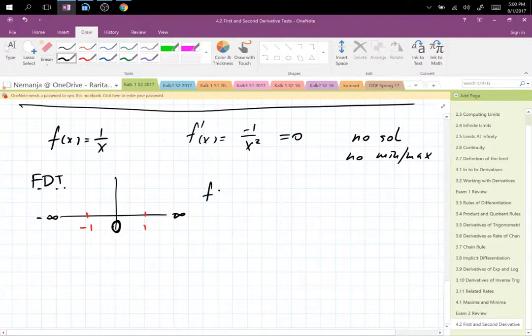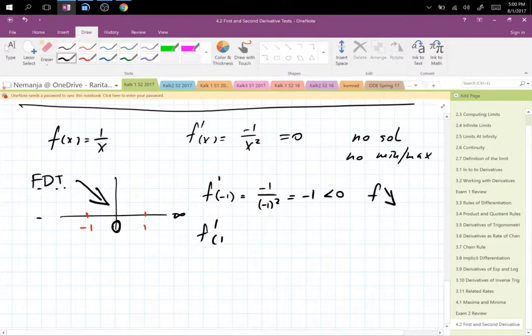And now the first derivative at -1 is -1 over -1 squared, which is -1, less than 0, function is decreasing. First derivative at 1 is -1 over 1 squared, which is also -1, so function is still decreasing.